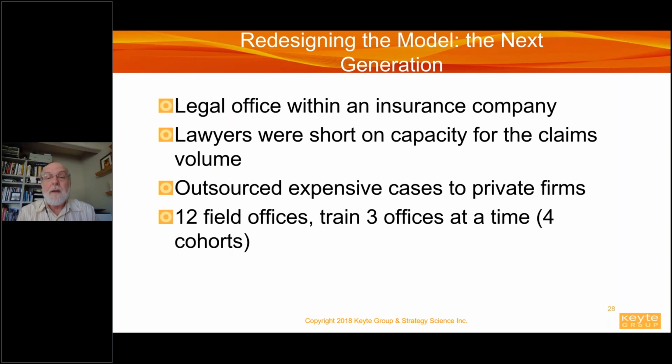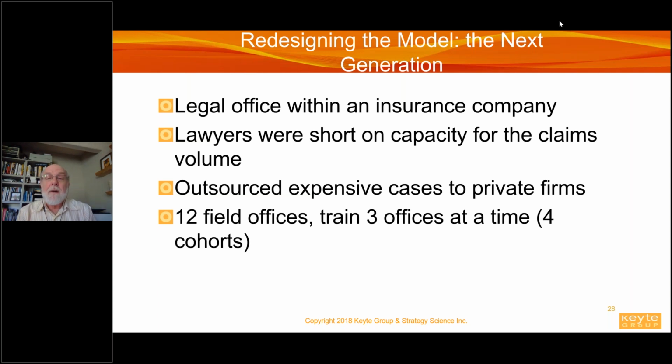The next gen was looking at a legal office within an insurance company. And this is because in this insurance company, lawyers were in short supply, very specifically for their claims volume. And for those of you who don't know this about insurance companies, they employ lawyers to support you if you are insured by them and you are sued, because it's their money paying out.